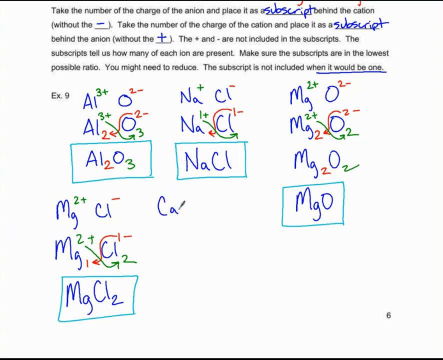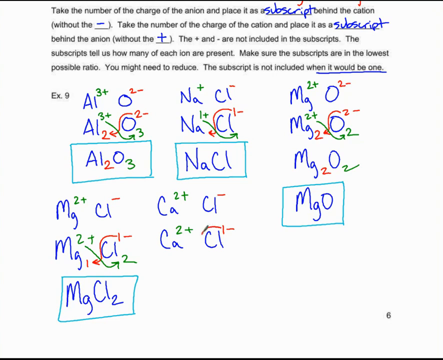All right, so we'll look at calcium and chloride. Calcium is in group 2, 2 plus charge. Chlorine, group 17, there's a -1 charge. And so we follow these same steps. Switching the charges.